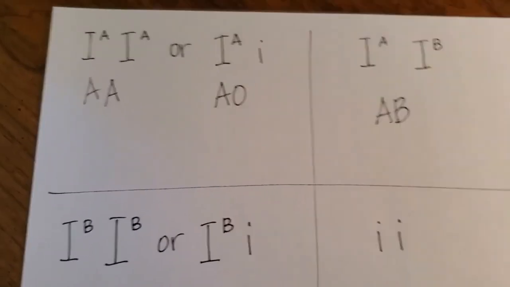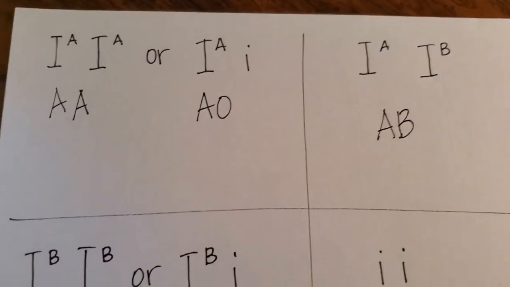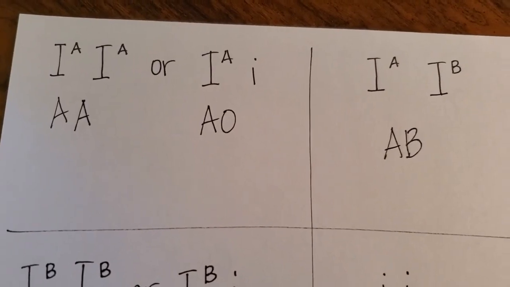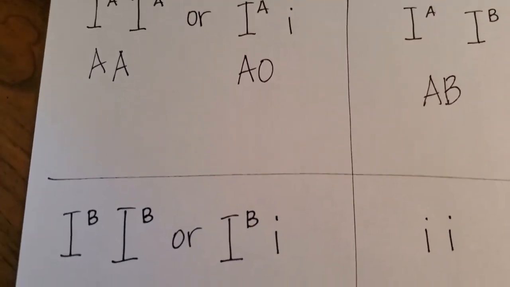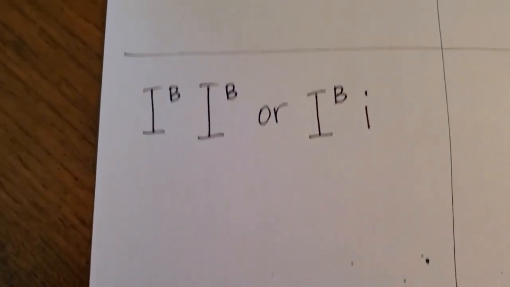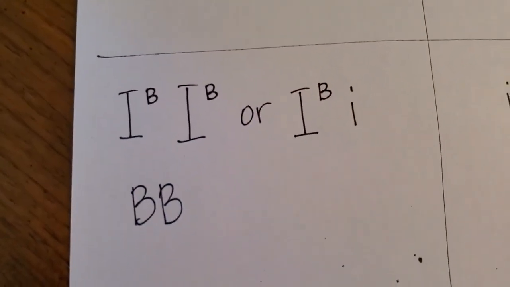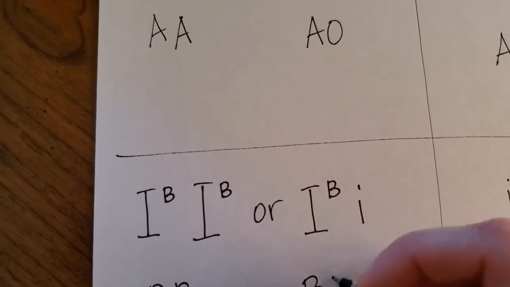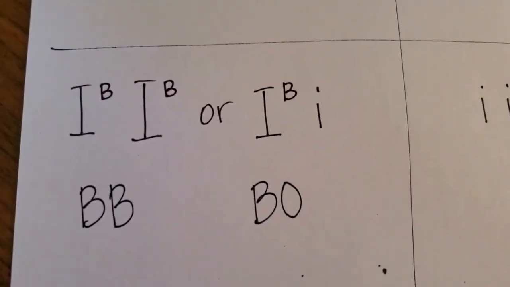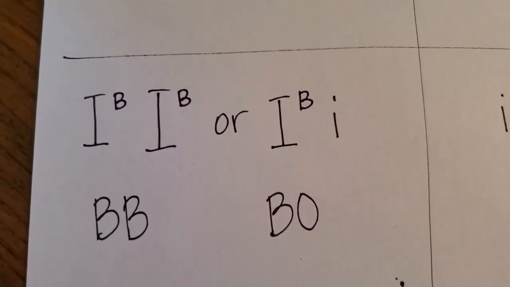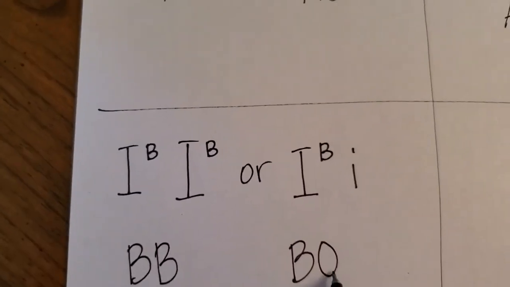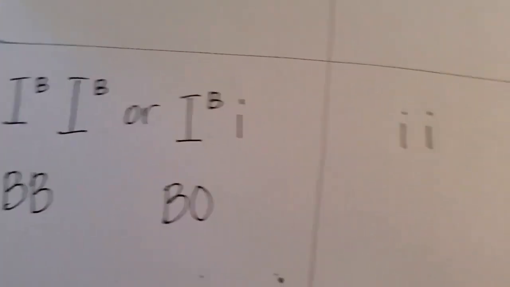That heterozygous genotype gives you a mix. So you have A antigens and B antigens. It's a pretty rare blood type. For B, you can either have 2 alleles that are for the B antigen, or 1 allele for B antigen and 1 not, which still gives you B blood, because the O is like it doesn't exist.